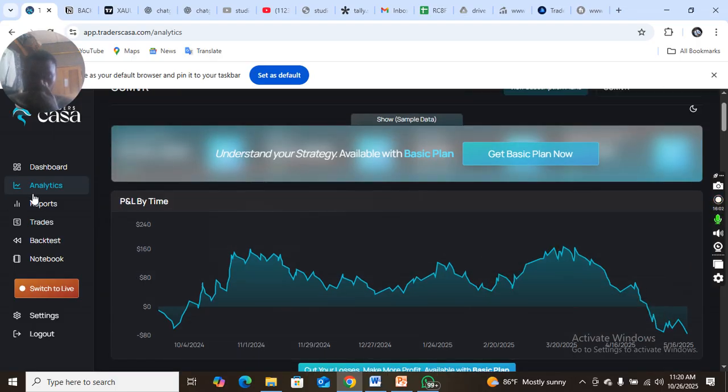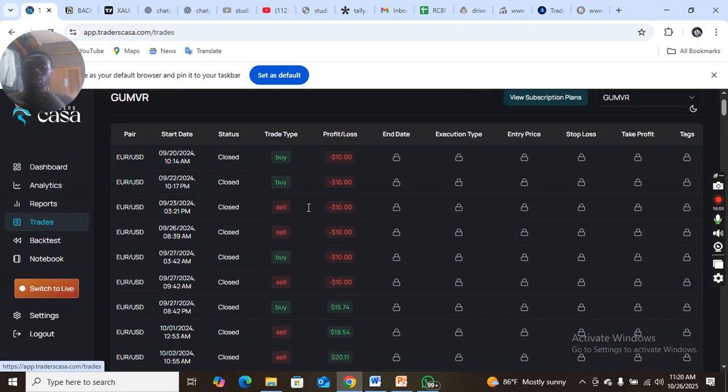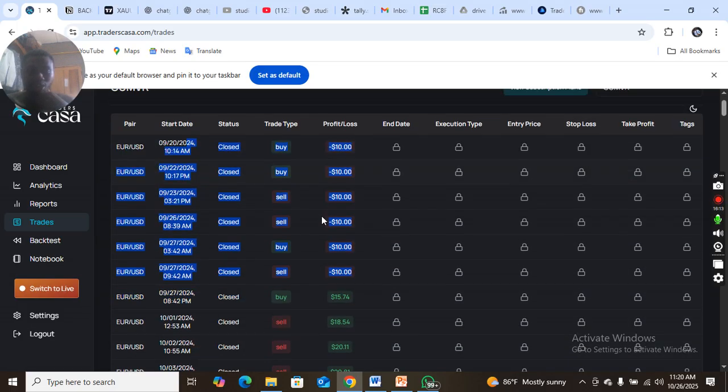Okay, so let me take you guys to all the trade logs. You can see right here that this strategy has winning streaks and also losing streaks, with losing streaks ranging from about 5 to 10. If you can see right here, all these are losses, 1, 2, 3, 4, 5, 6, right. Let me factor in that I've been compounding, because if you are not compounding, you're not exposing yourself to as much risk.